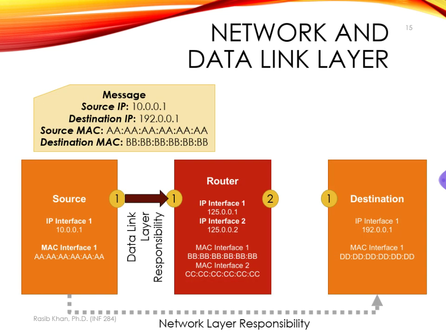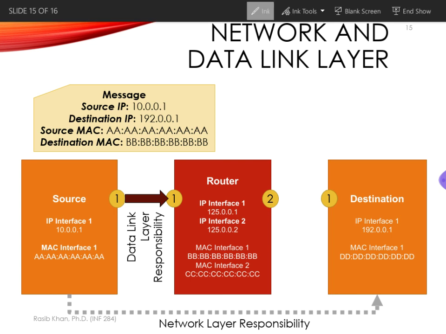If we try to combine the ideas that we have so far gathered from the data link layer and the network layer, let's say we have a source, in the middle a router, and on the other end a destination. The source has one interface with an IP address and a MAC address for interface 1.